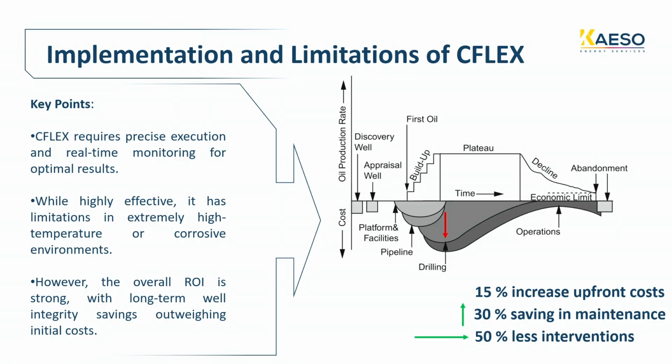But what do you gain with that? You will see that you will save on maintenance because you will have fewer interventions. And by having fewer interventions, you will also increase the uptime of your production. And in doing so, you are extending your production time.